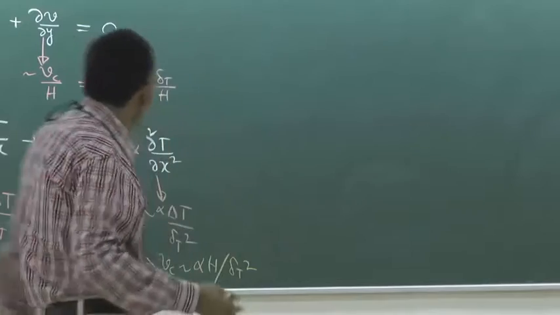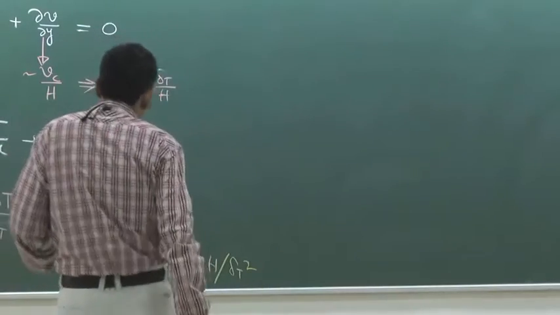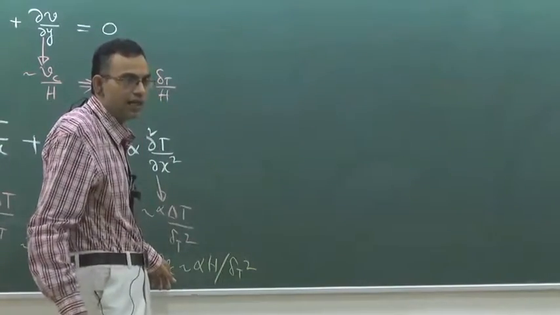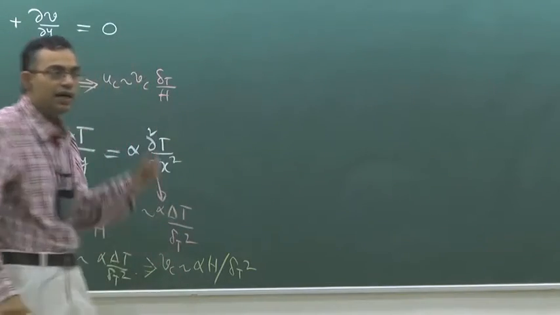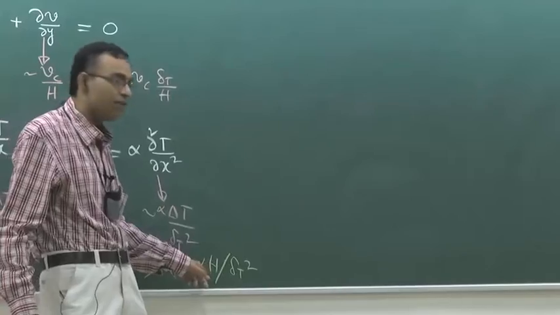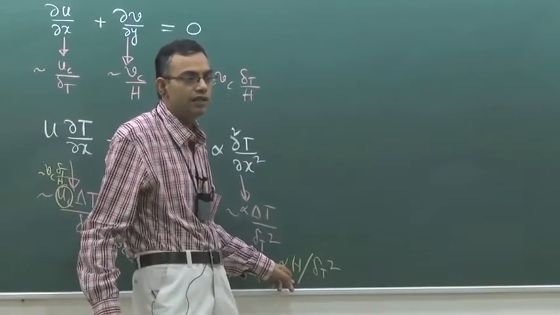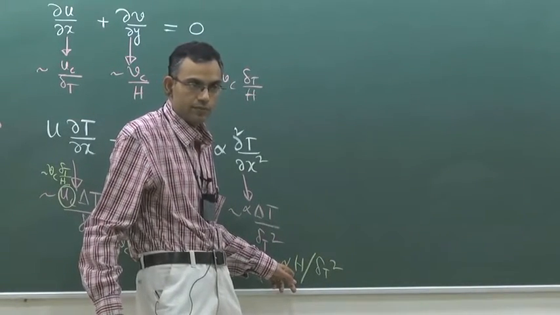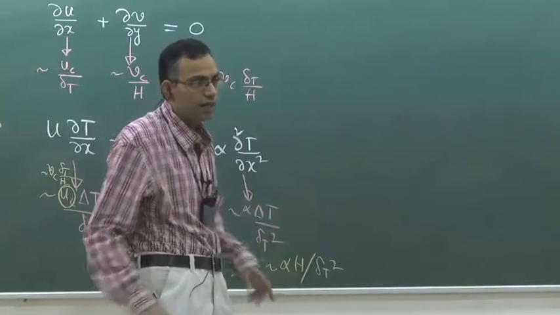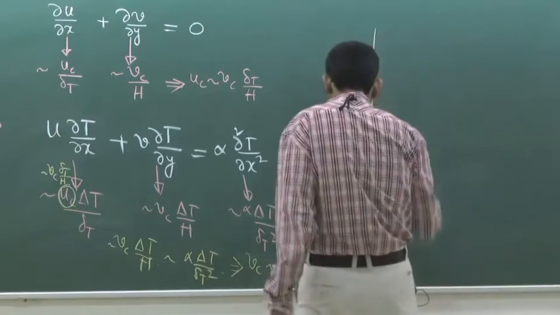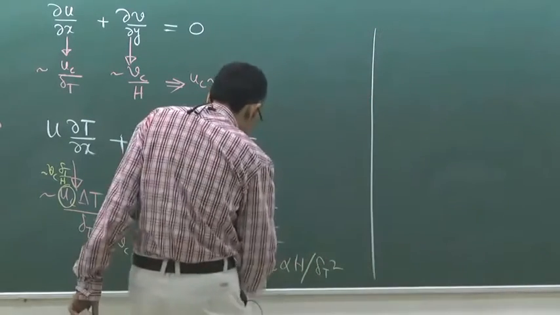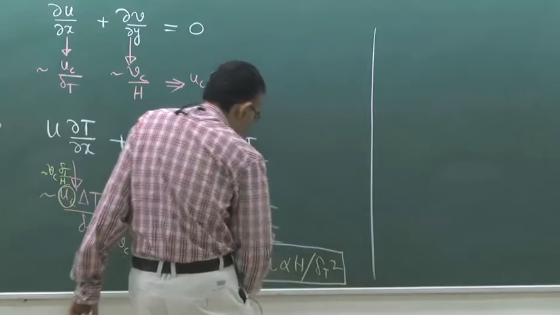So, this is the scale of velocity that you are getting by creating the temperature difference delta T, and interestingly that temperature difference delta T does not appear anywhere in this expression, right. That is again something which is not very intuitive. So, we will keep this expression in consideration.